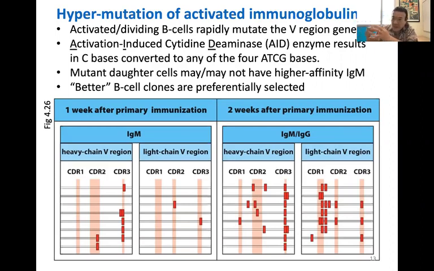So yeah, there are many of those that just get discarded because they don't work any better, but a small subset of them, by chance, the random mutations will make the fit of the immunoglobulin with the antigen tighter. So those B cell daughter cells that have tighter fit get preferentially chosen now. Some of them are told, hey, your immunoglobulins are better than what we started with.